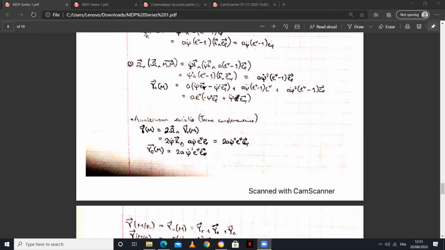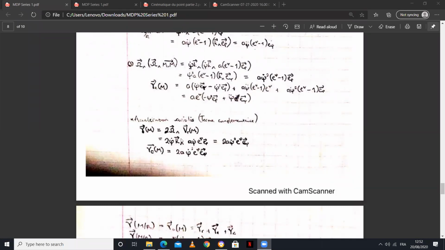So it says 2 phi point K vectoriel A phi point e^phi suivant E rho. As usual, the scalars, we just forget about them for now. We deal with vectors and we have K vectoriel E rho. From the cycle I drew here, K vectoriel E rho is giving you E phi. That's why we have E phi there.